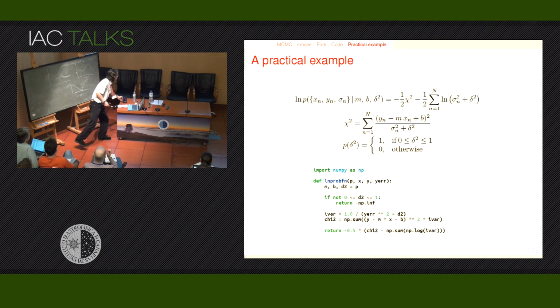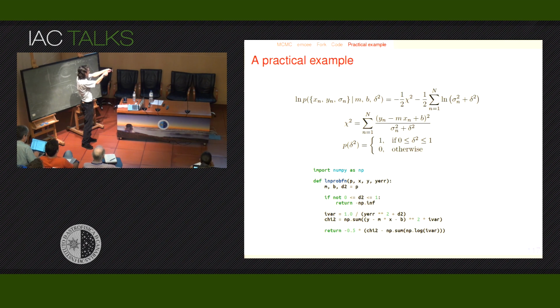Okay, so here, if this delta squared value is outside of the range that you wanted, then we'd have to return a probability of 0. So log of 0, you just return minus infinity. It will definitely reject those steps because minus infinity is a terrible place to be. This I bar is just the inverse variance value.